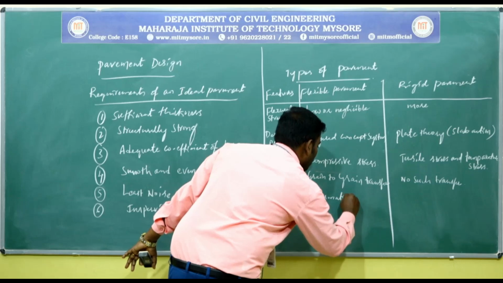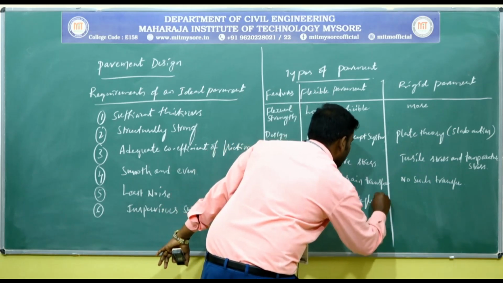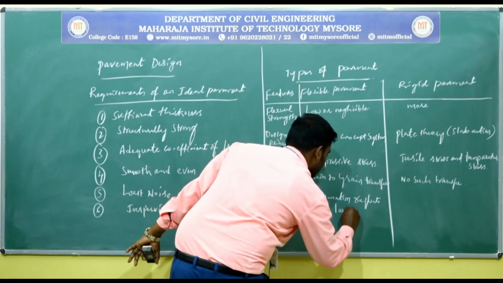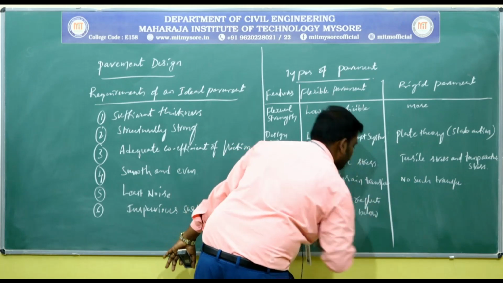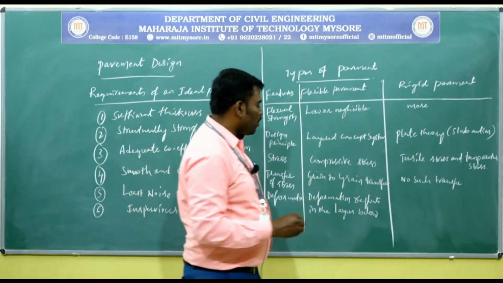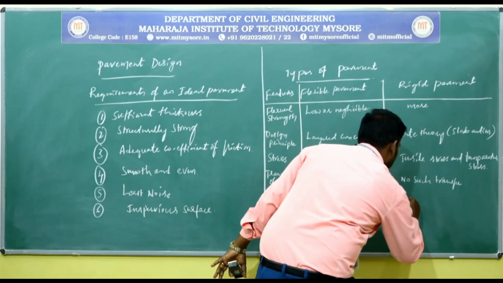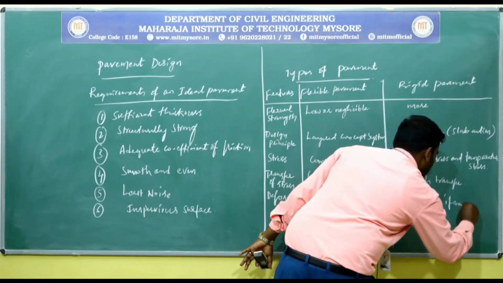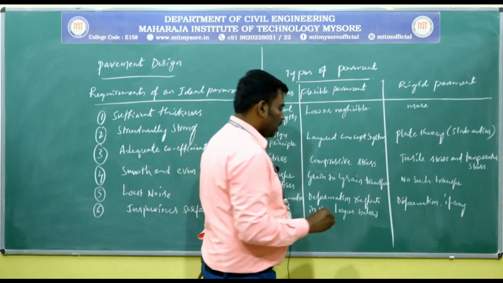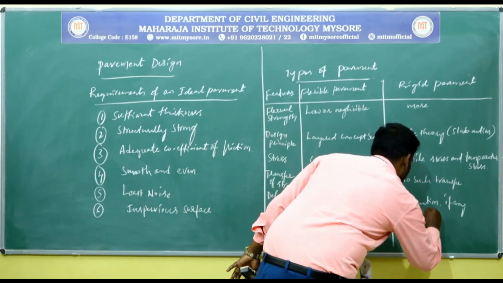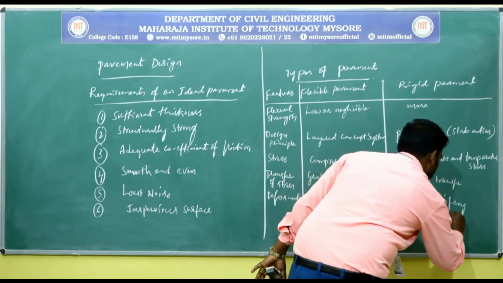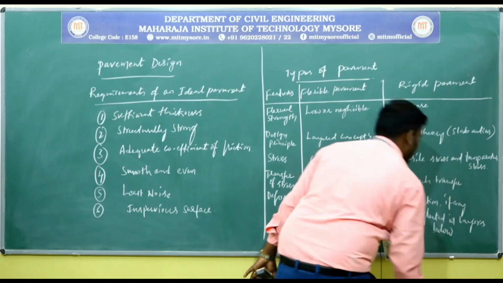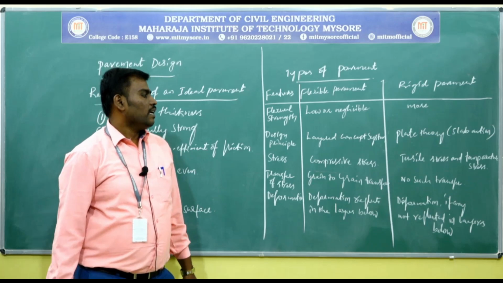Deformation reflects in the layers below in flexible pavement, whereas in rigid pavement, deformation, if any, is not reflected in layers below.